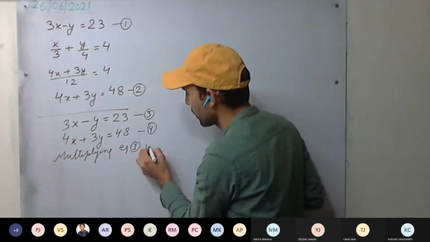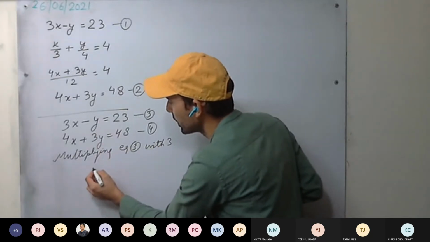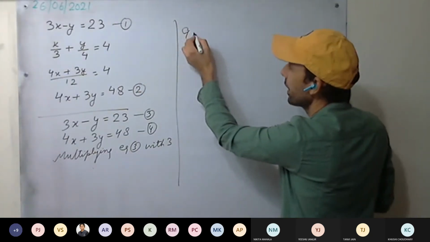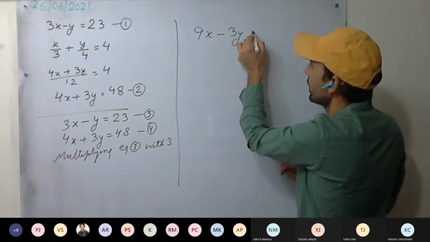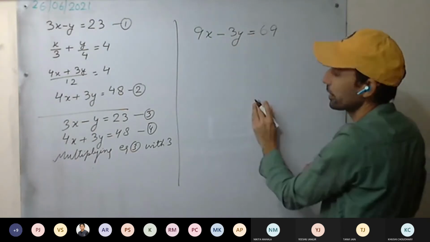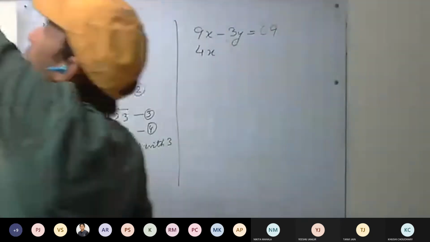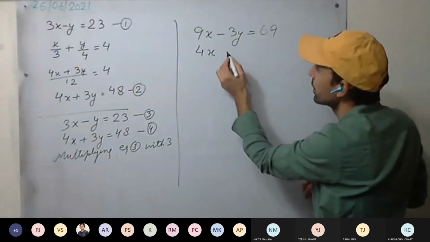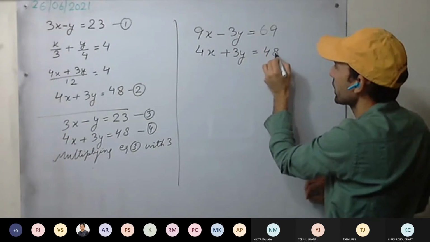Multiplying the third equation with 3, it will be reduced to 9x minus 3y equal to 3 into 23, 69. And here 4x plus 3y equal to 48.